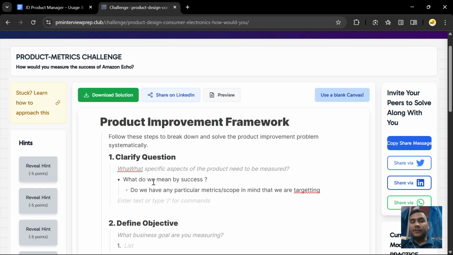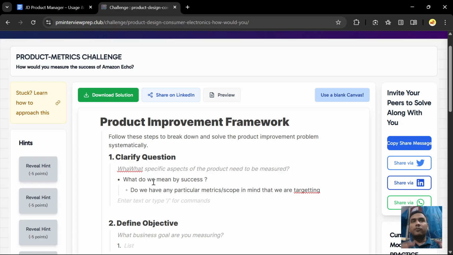Since this is a physical device, I am assuming Amazon Echo is already quite a successful, mature product, because other companies like Google have similar products in the market.